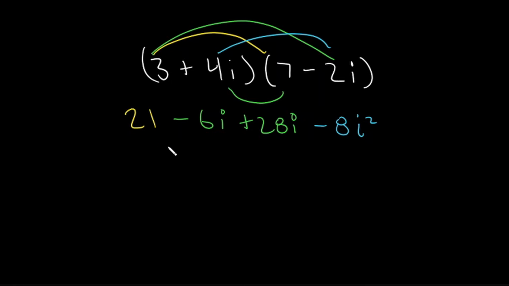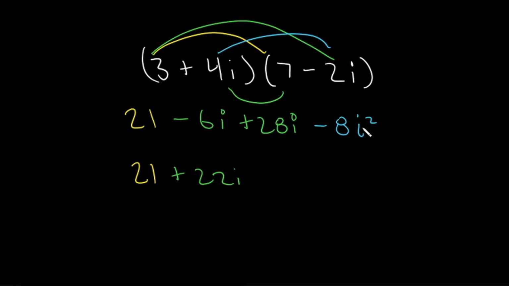So now let's just combine like terms and simplify. So we will have 21 and then 28i minus 6i. Well, 28 minus 6 is 22, so we can add 22i here. And then we have negative 8i squared. As I said at the beginning of this video, i is equal to the square root of negative 1, and i squared is equal to negative 1.